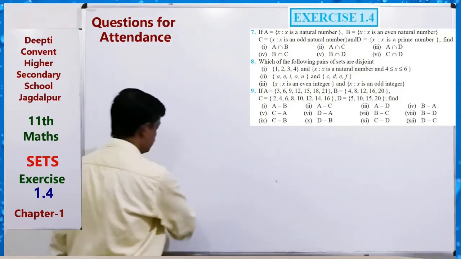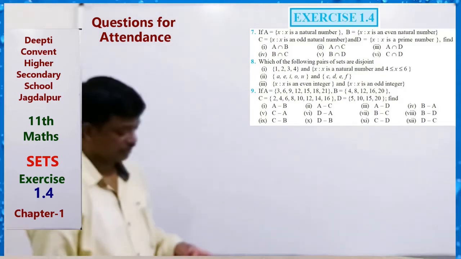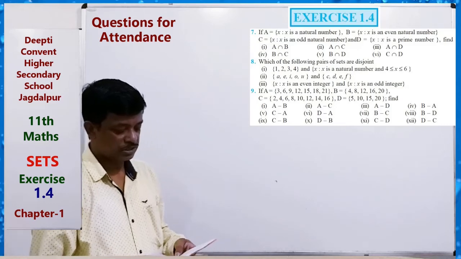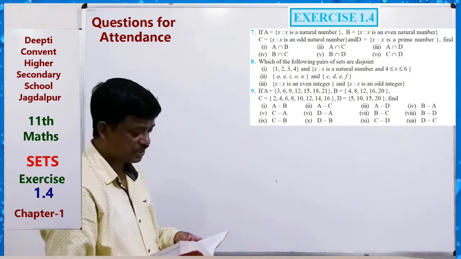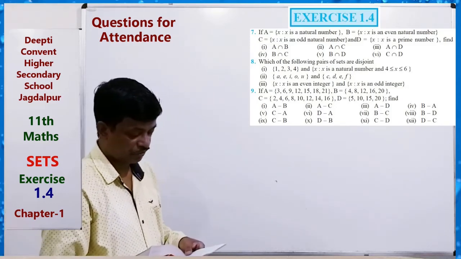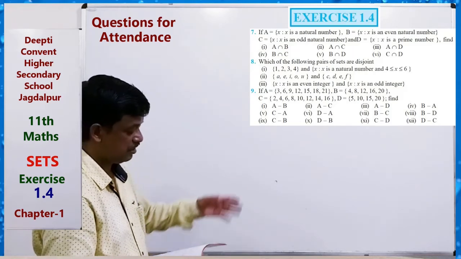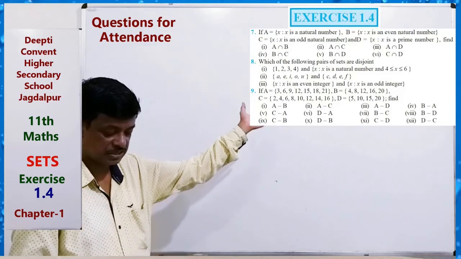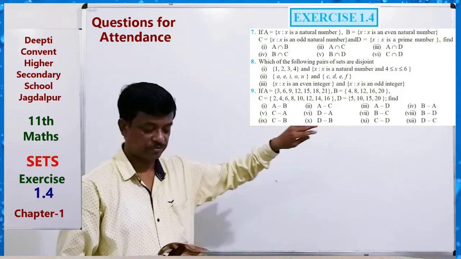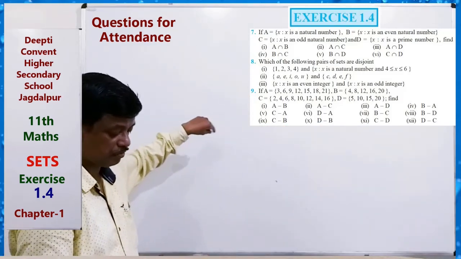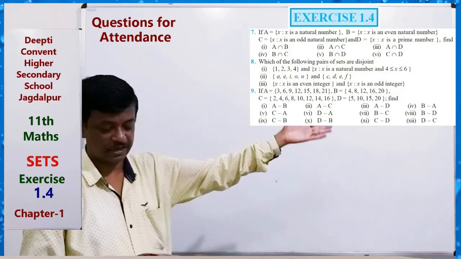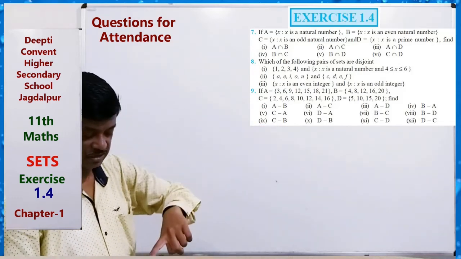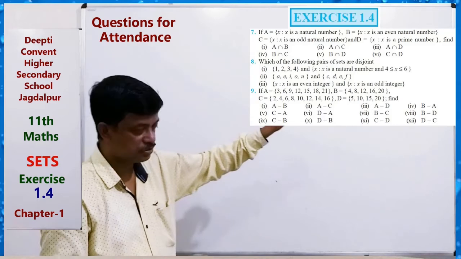Now taking question 8. Which of the following pairs of sets are disjoint? First of all, you have to write the first set in roster form, and the second is set builder form, so you have to write that also in roster form.